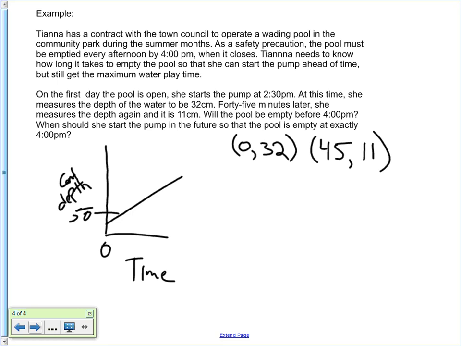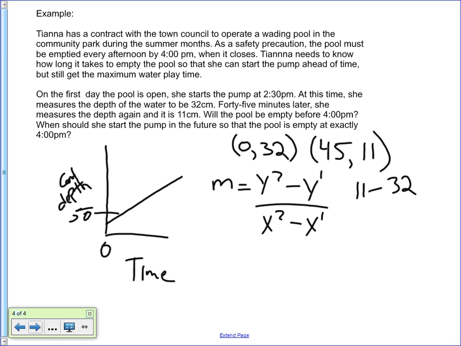To calculate this line in particular, first of all, I need to calculate the slope. I use the same formula, rise over run, or y2 minus y1 over x2 minus x1. So when I plug in my values for slope, I get 11 minus 32, that's y2 minus y1, and I divide that by x2 minus x1, or 45 minus 0.